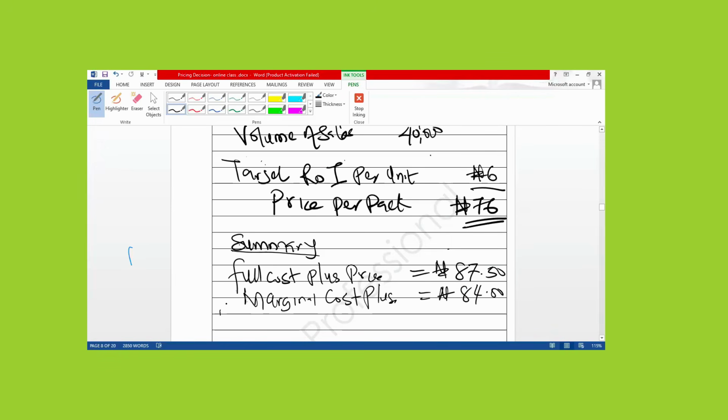If you are looking at return on investment pricing, the price is 76 naira. So please, as much as possible, the principle should stay with us.